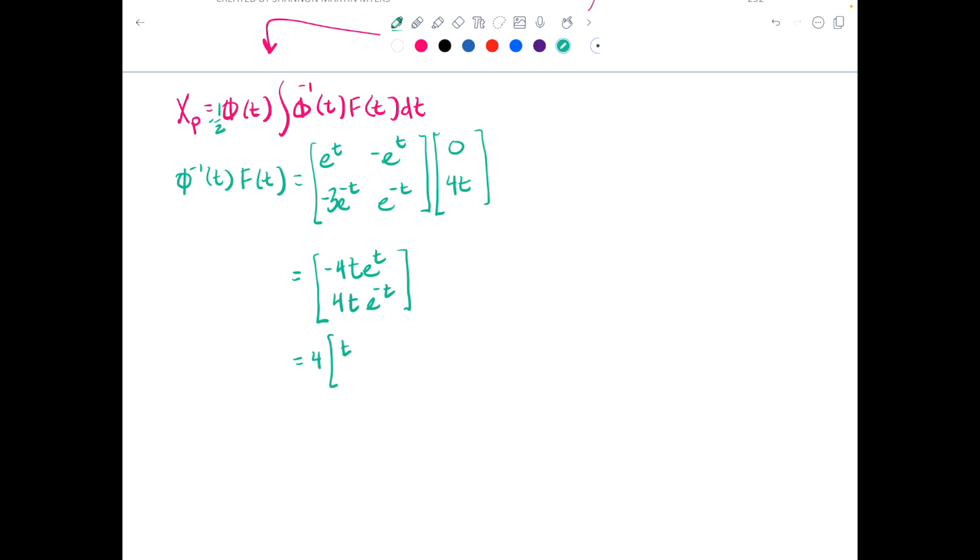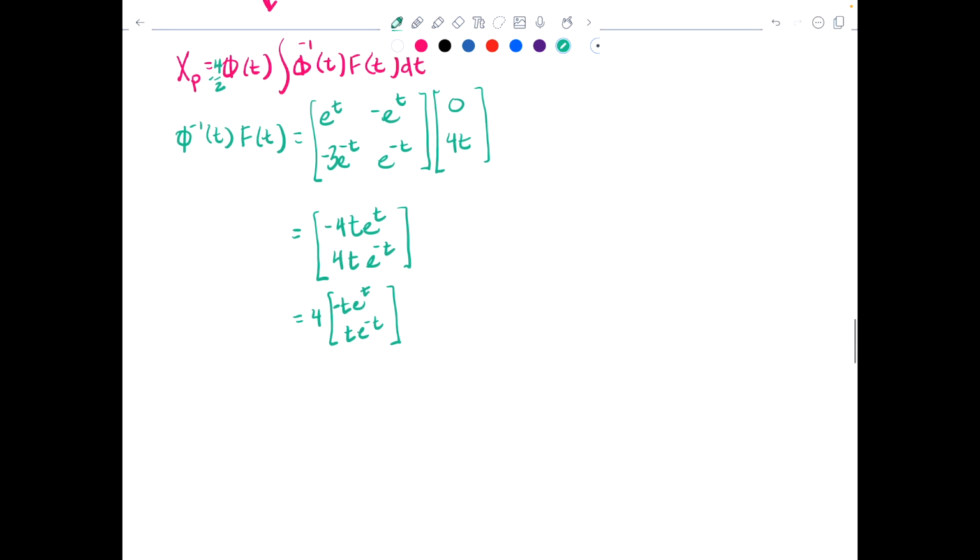And we'll just have t e to the t, a negative in front of it, and then a positive t e to the negative t. So now I'm going to come up here and put 4 over 2 because we factored out a 4. Cool so far?